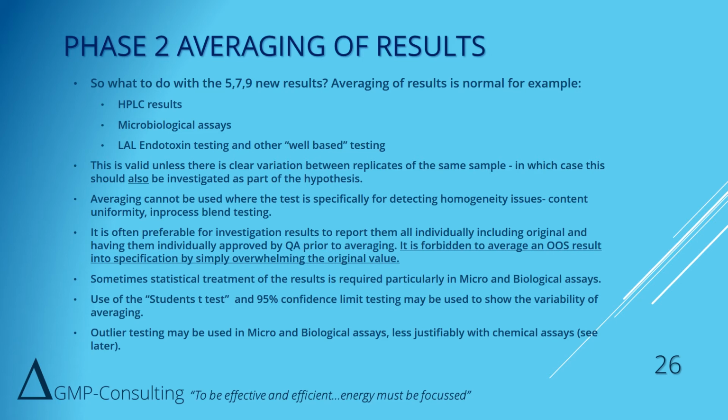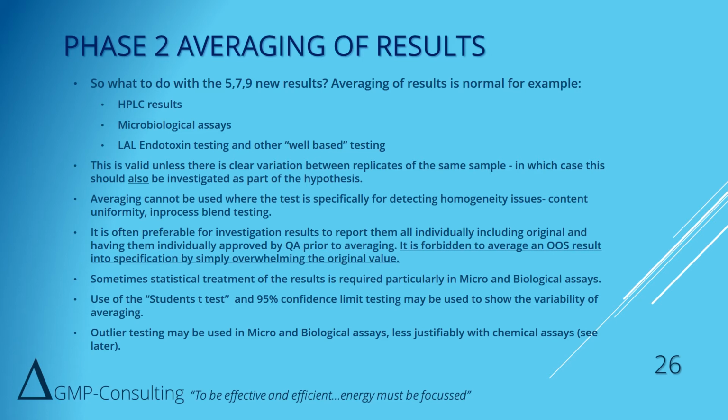And it's valid so long as there's no clear variation between the replicates of the same sample, because this means there's actually some homogeneity kinds of issues. You can't use averaging where it's to detect homogeneity, like uniformity of content and in-process blend testing, because that's the whole point of the assay.